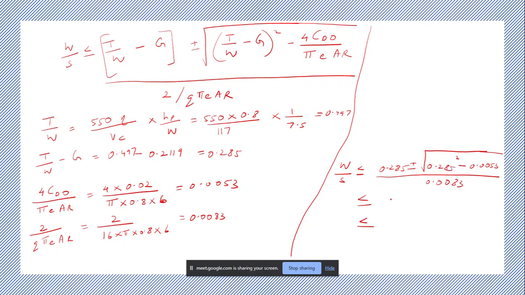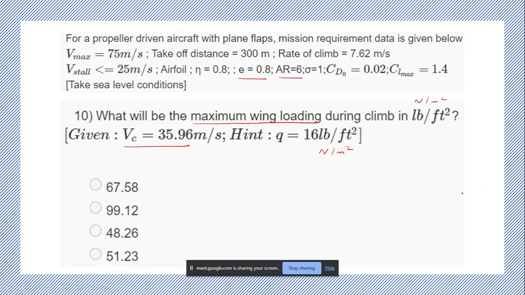What does it come to? 67, right? 67.6. And the unit in this case will be pound per feet square. Right? Okay. So is that given here? Okay, that is given here. So yeah, the question was right. We should have just proceeded with the units given in the question.